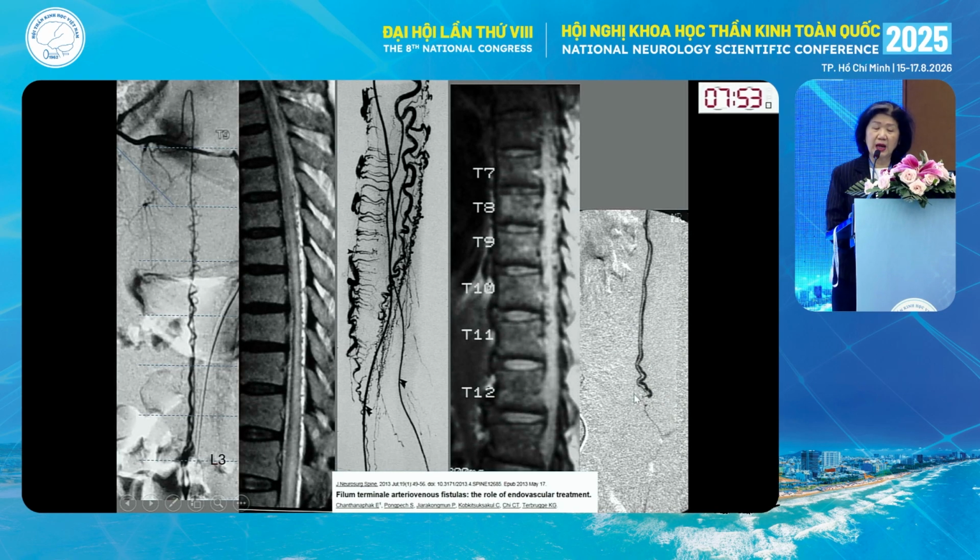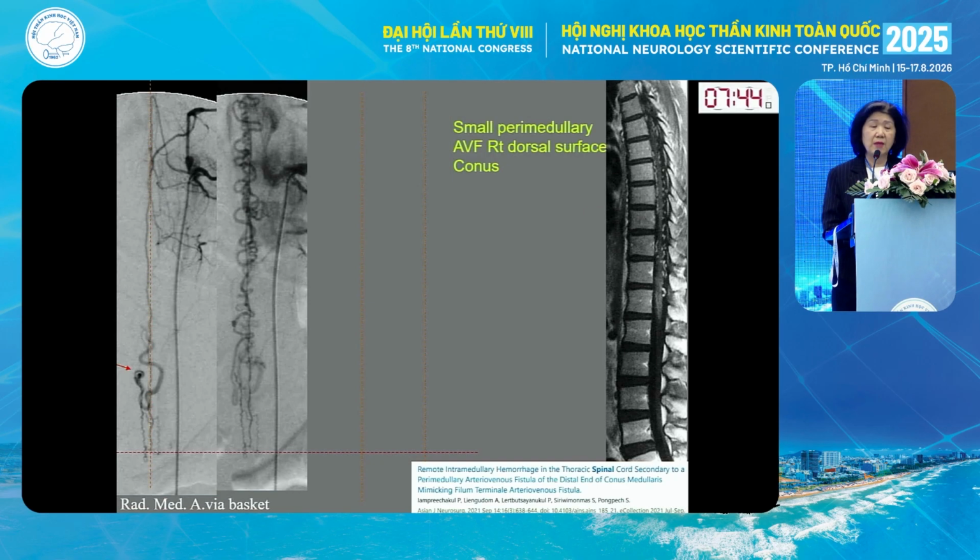This is the filum terminale arteriovenous shunt, which can present with venous congestion of the entire spinal cord, same as the dural shunt. Don't forget that this is in the differential diagnosis of dural arteriovenous shunt.